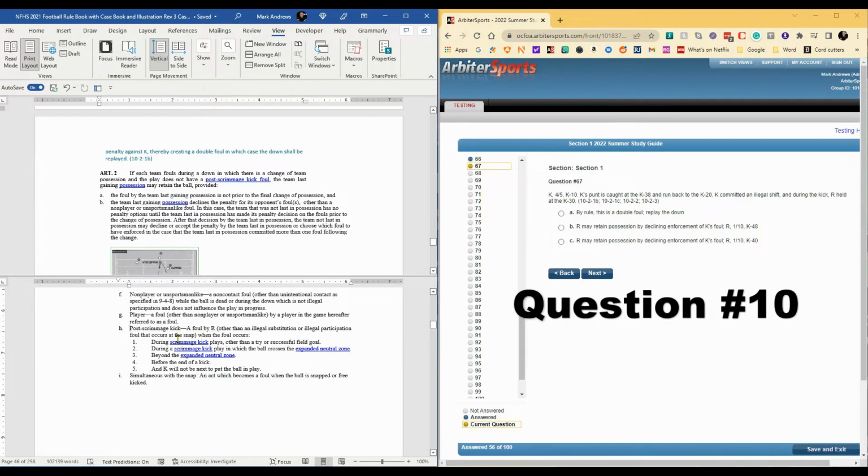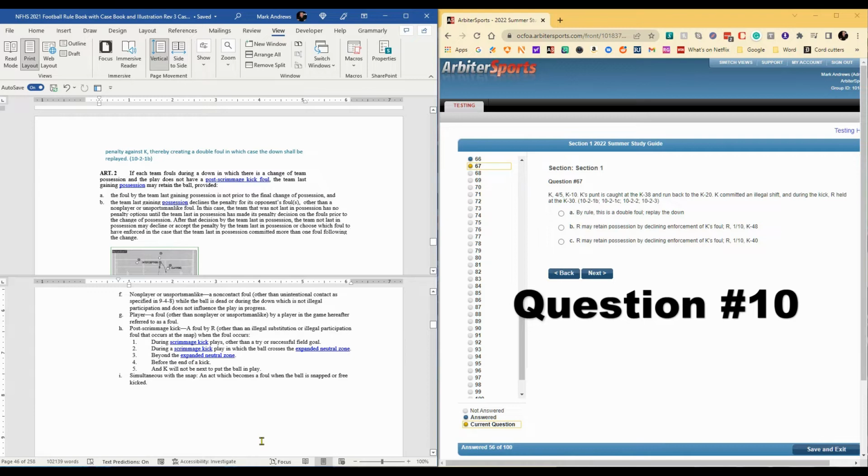Remember we've gone over this before, it has to happen during a scrimmage kick play other than a try or successful field goal, during a scrimmage kick play in which the ball crosses the expanded neutral zone. So far so good. The foul occurs beyond the expanded neutral zone. The foul occurs before the end of the kick, which it did, and K will not be the next to put the ball in play.